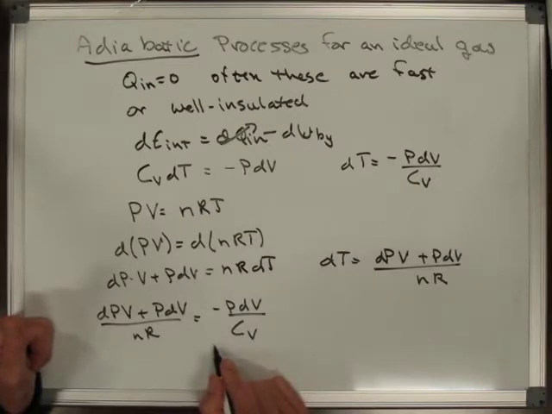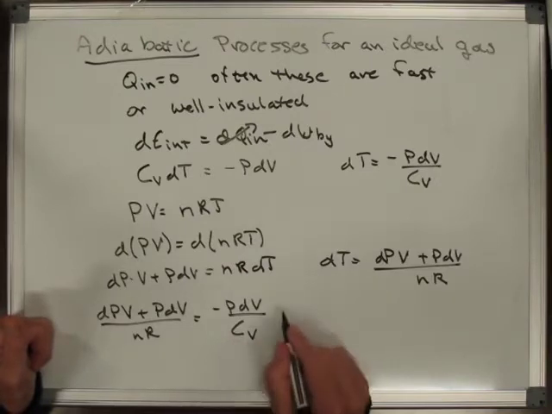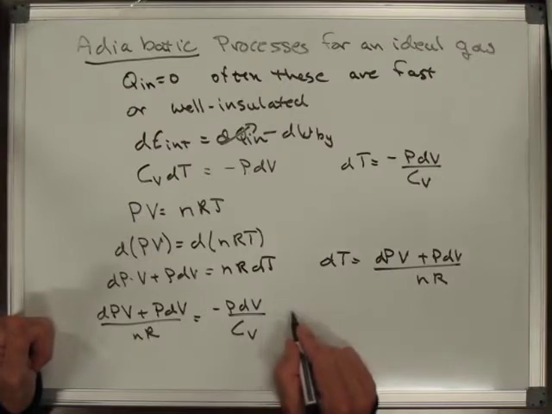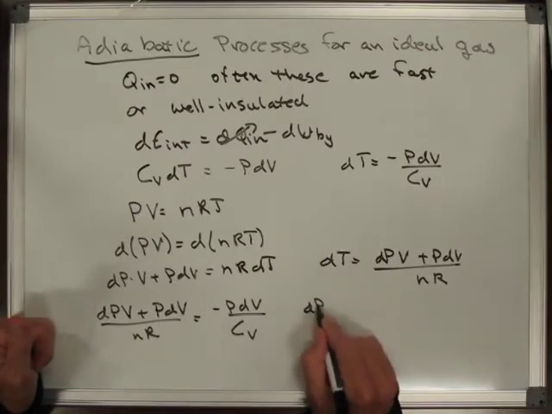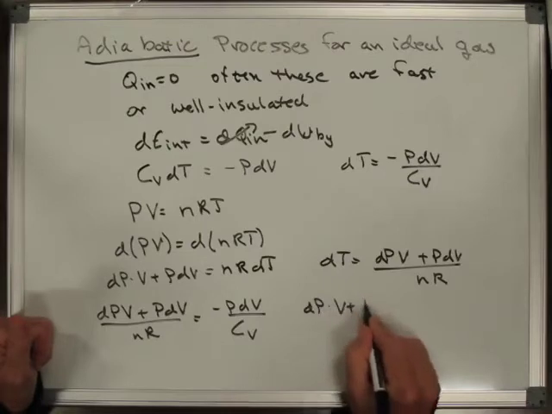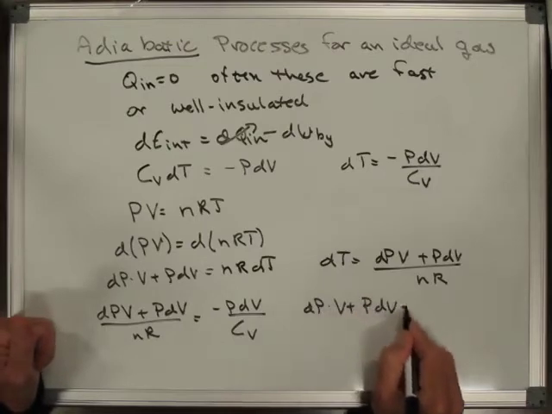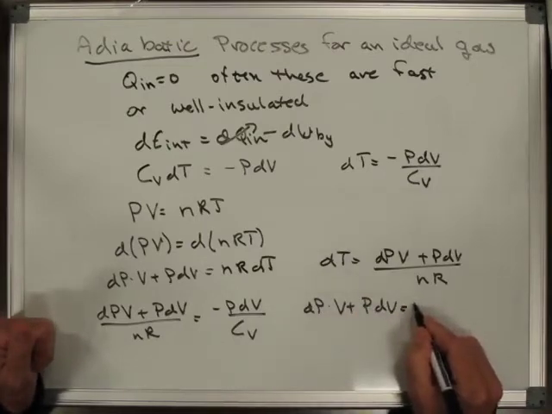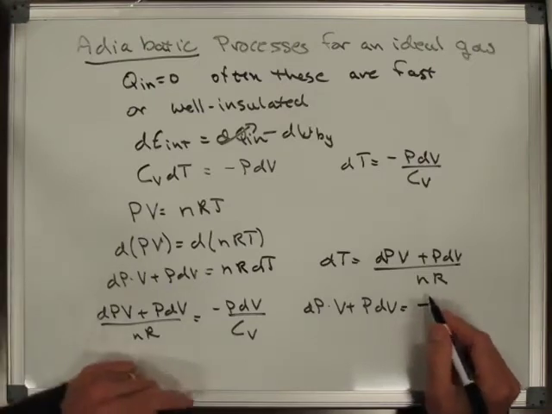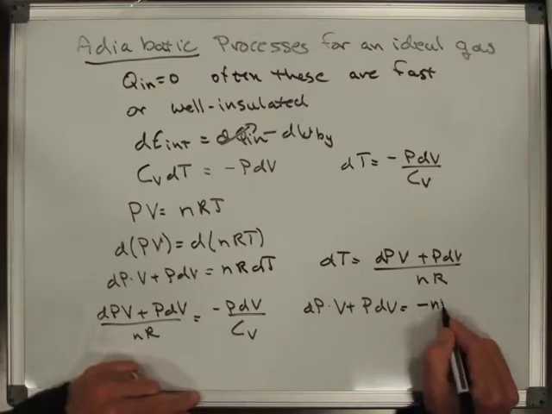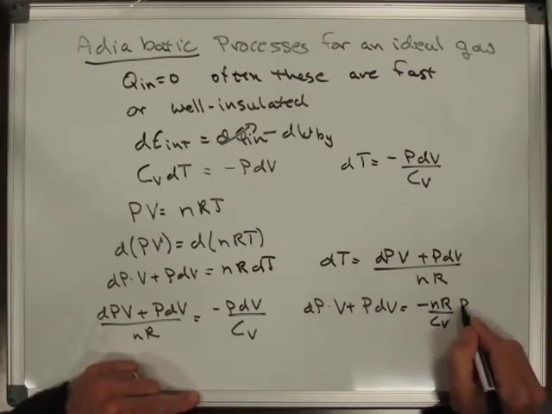And now I'm just going to sort this out. dP times V plus P dV is equal to minus nR over CV times P dV.